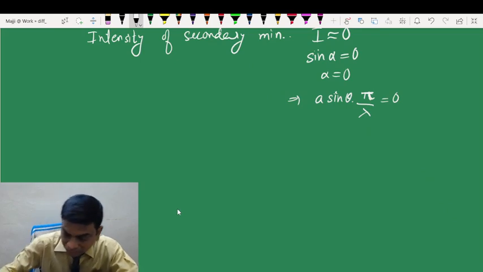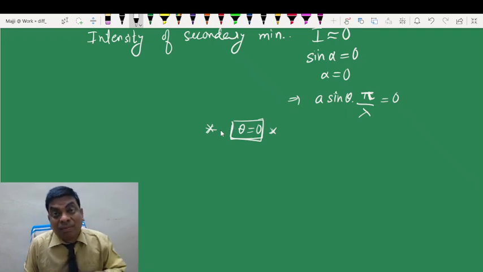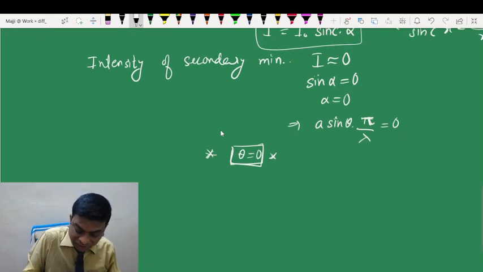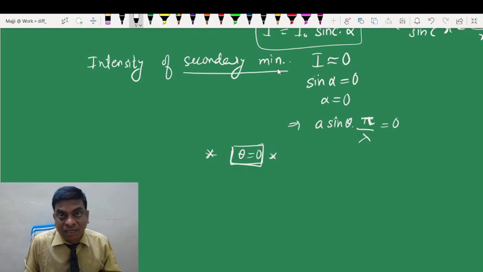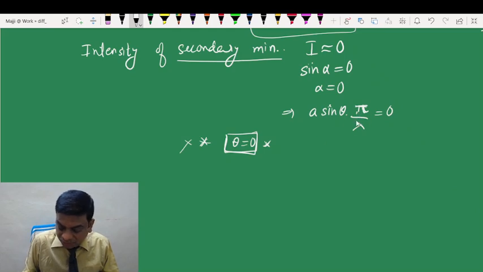Now, excluding theta equal to 0, you have to exclude this because that will correspond to a central maximum, and we are investigating the positions corresponding to secondary minimum. So please don't take this.